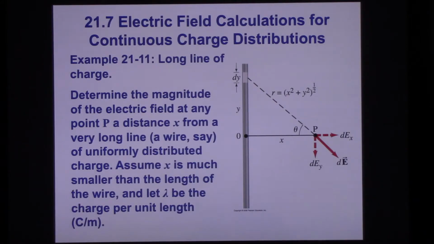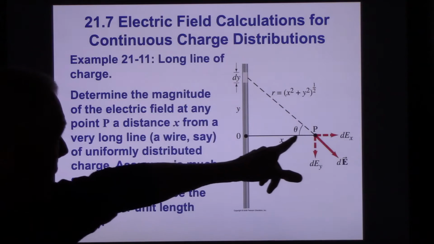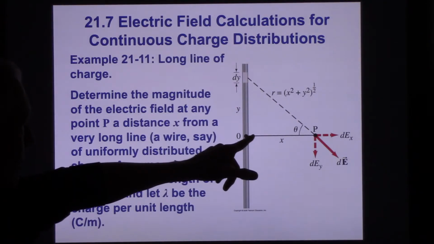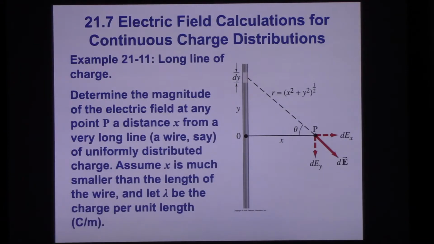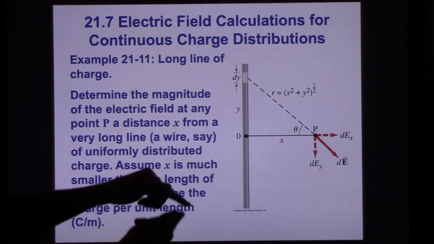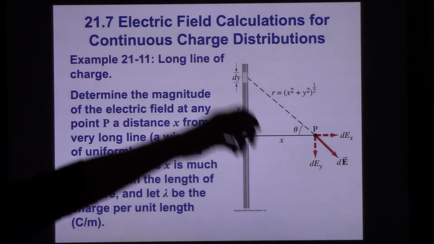Well, it turns out that if we identify a point in here, just outside the line of charge, to calculate the electric field, it's as if the calculation is going to be the same as if the line of charge was infinitely long.